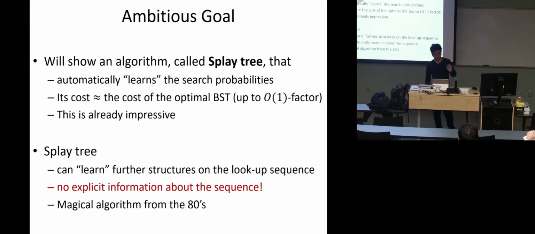I will show you one algorithm, called the Splay tree, that automatically learns this search distribution. And at the end, its cost, or actually its amortized cost, is still going to be as good as the optimal tree that you use dynamic programming to come up with, up to a constant factor. That's really impressive because it automatically learns this.